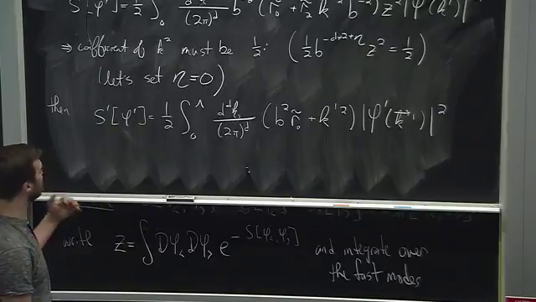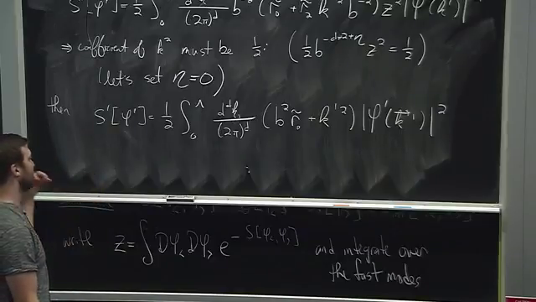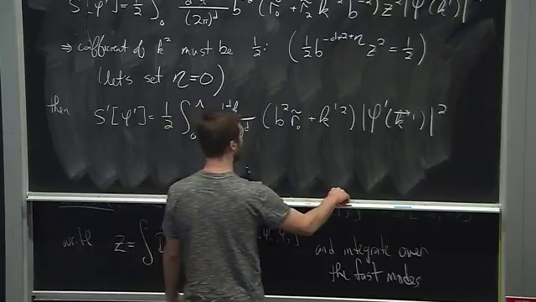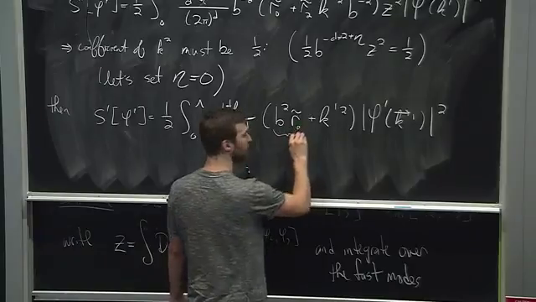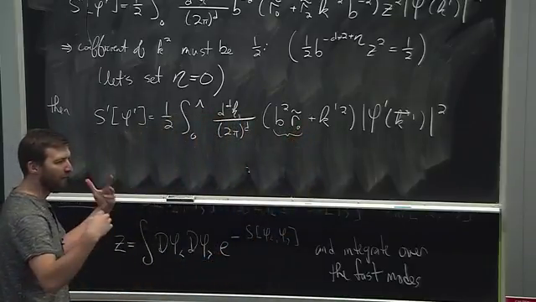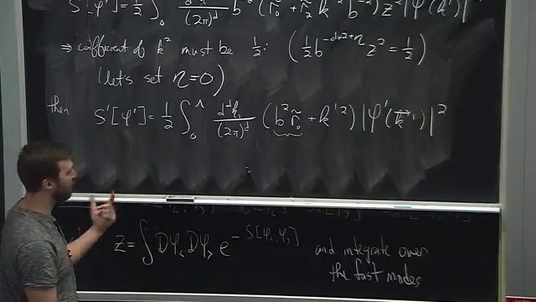Okay, so if we compare back to our original momentum space action for the Gaussian theory, the only thing that looks different is here. And that's what we called R originally, right? So that thing is our R prime.